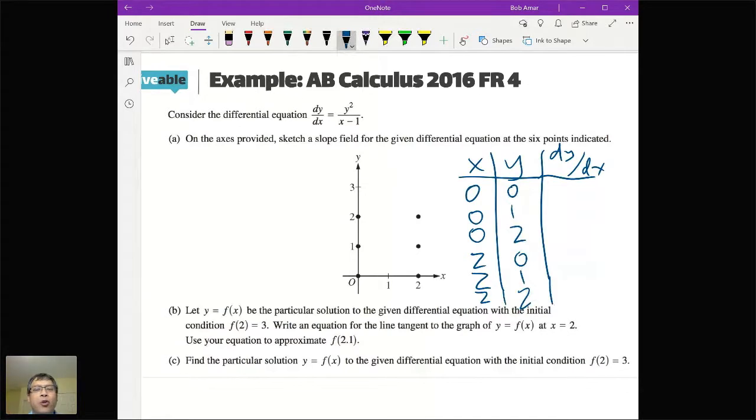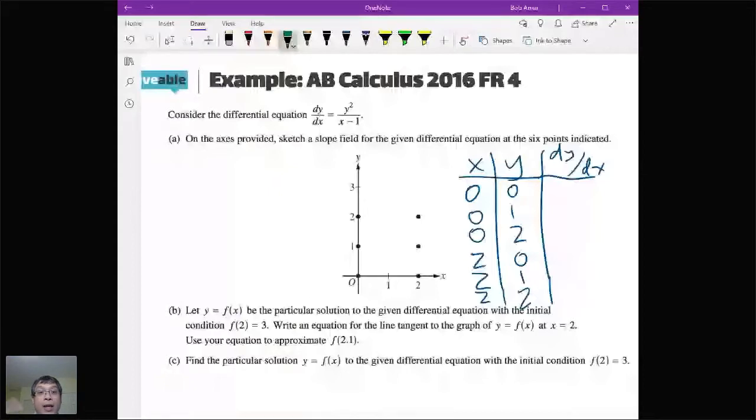I'm basically plotting little pieces of the solution if they were there, if the solution was passing through that point. So that's what these little segments are for. They help you figure out the direction that a solution that did pass through that point would go. So it all depends on what the initial condition is.